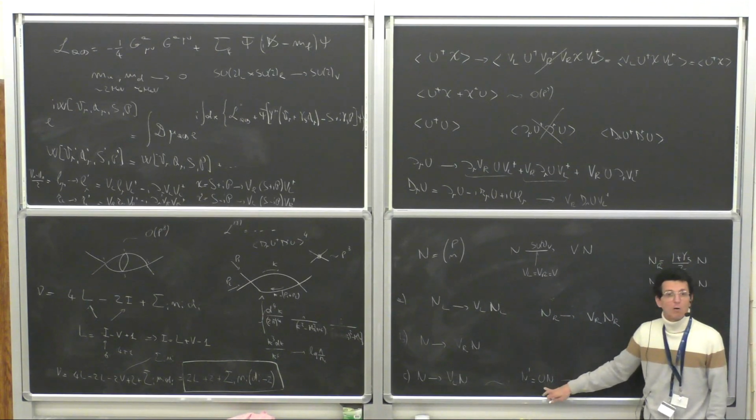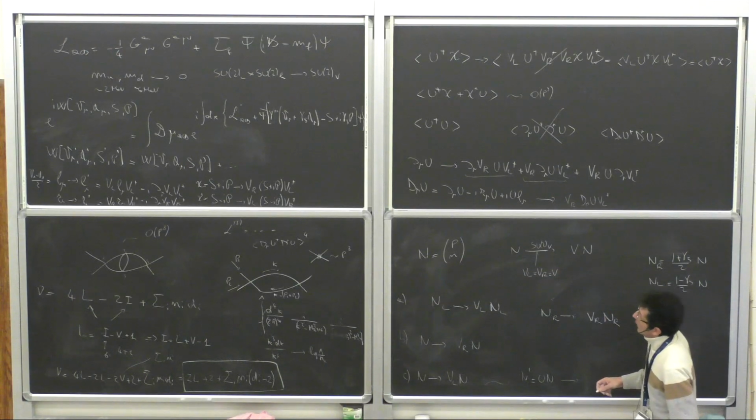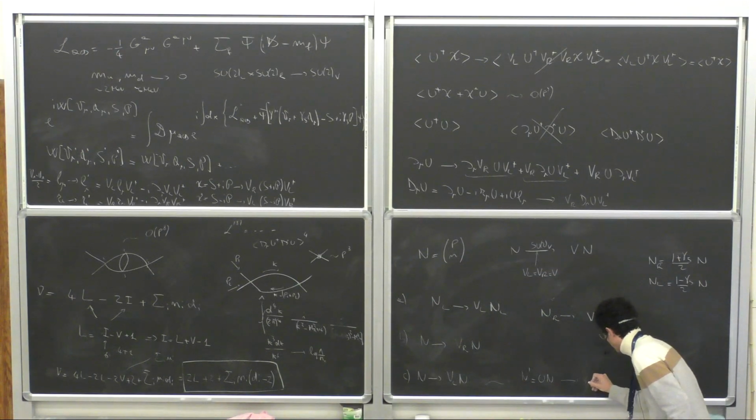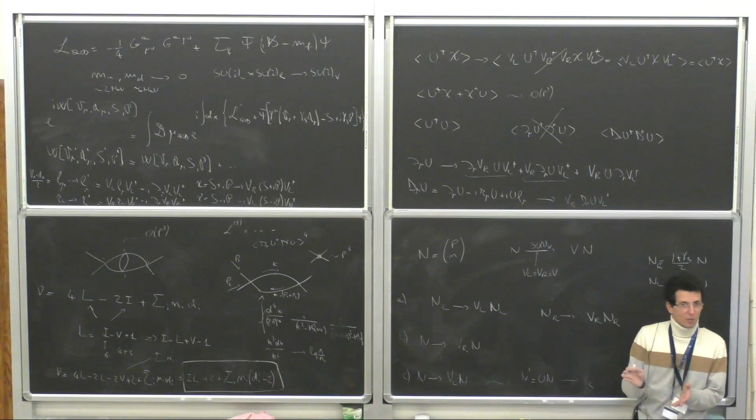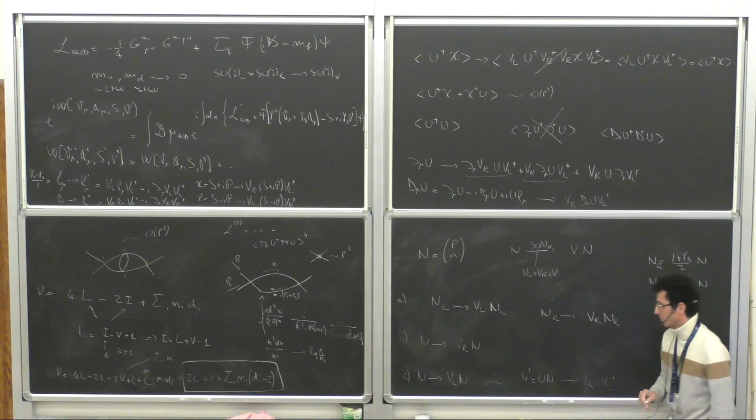We know how the Goldstone boson transforms. It transforms with the right transformation to the left, then one, remember always, VL dagger.